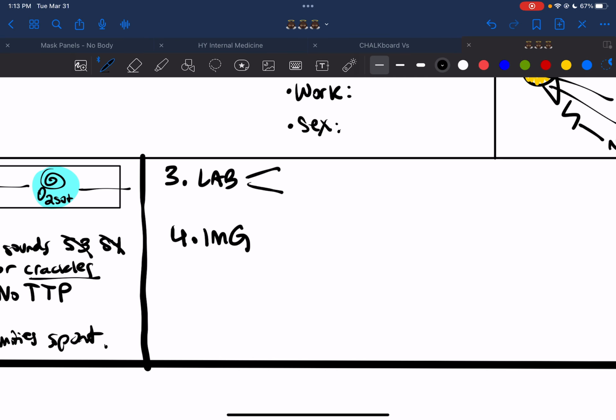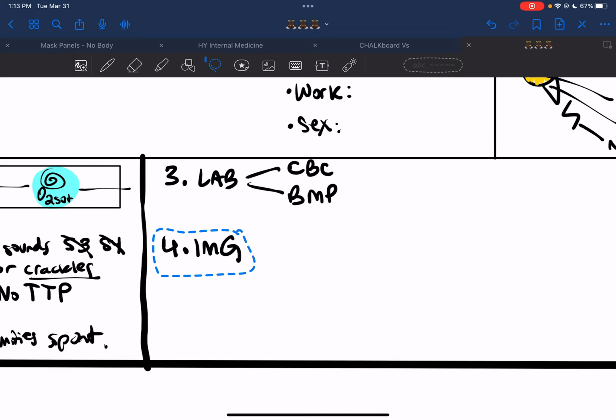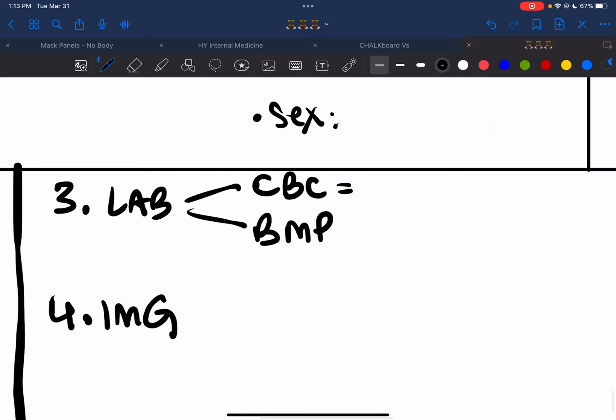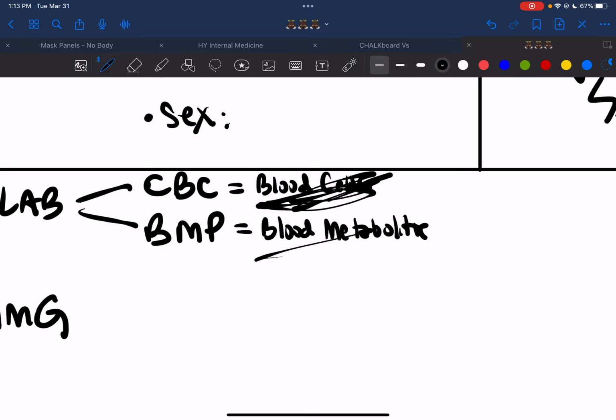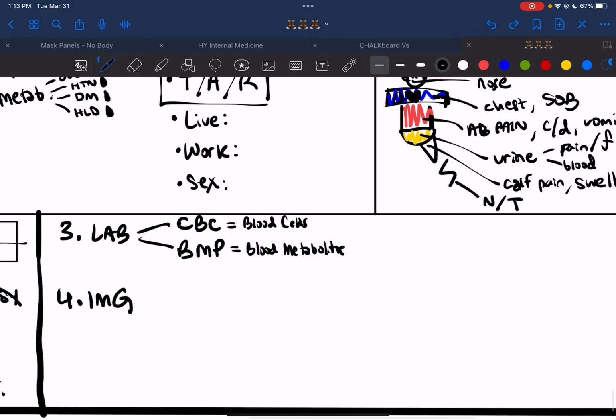What labs do you do? The main labs are the CBC and the BMP or CMP. So it's the complete blood cell count and the basic metabolic panel. In other words, it's the blood cells versus the blood metabolites, right? These are the physical cells that actually make up the blood, and these are the little things floating around in the blood outside of that.